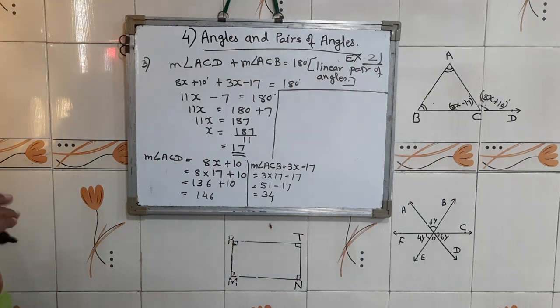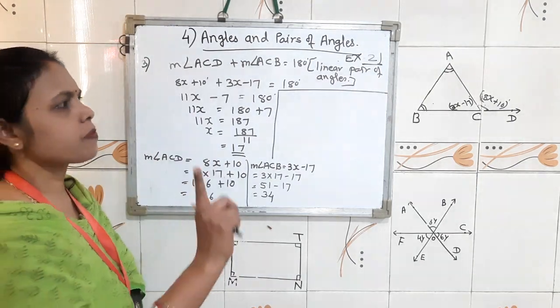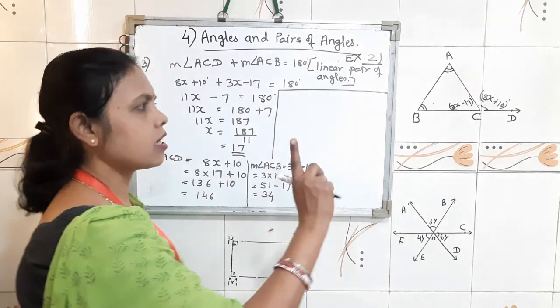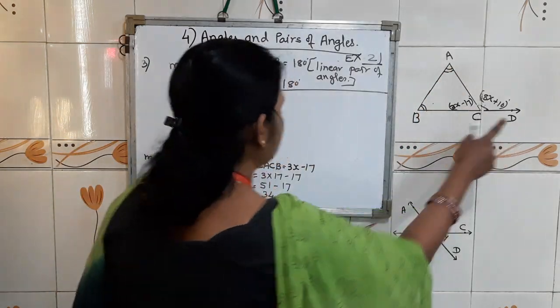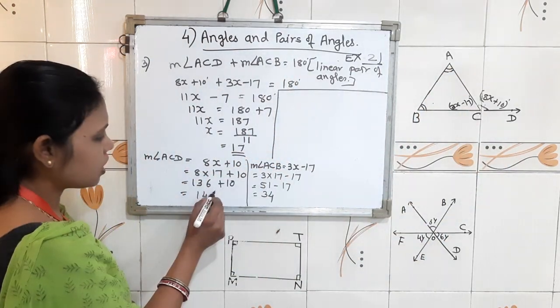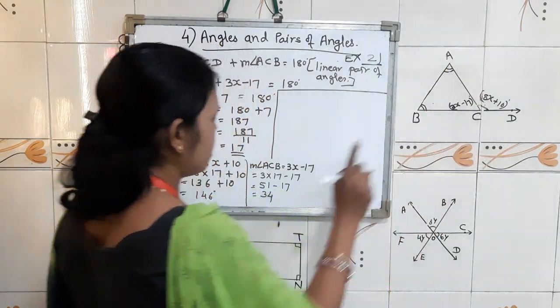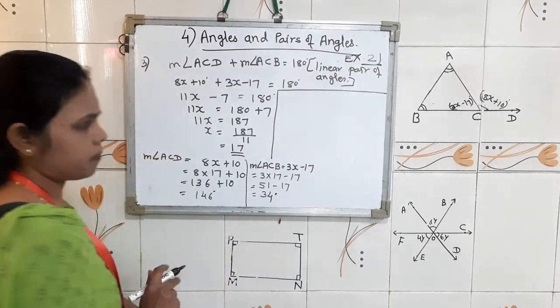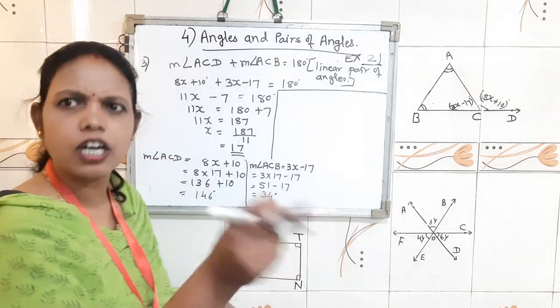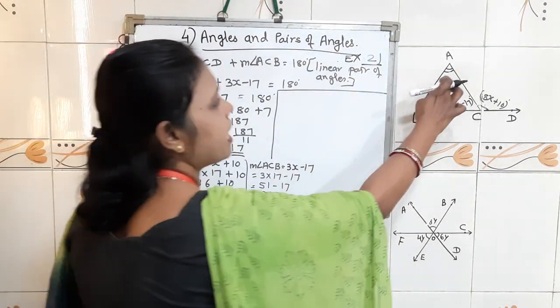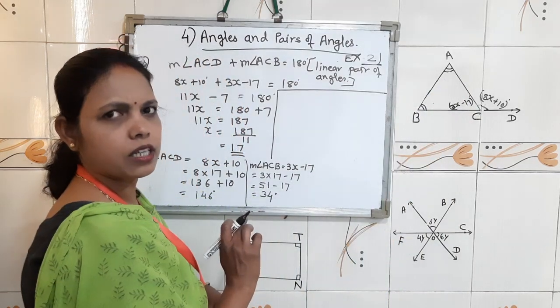So children, first question was there, measurement of angle ACD. You got 146. Measurement of angle ACB, you got 34 degree.